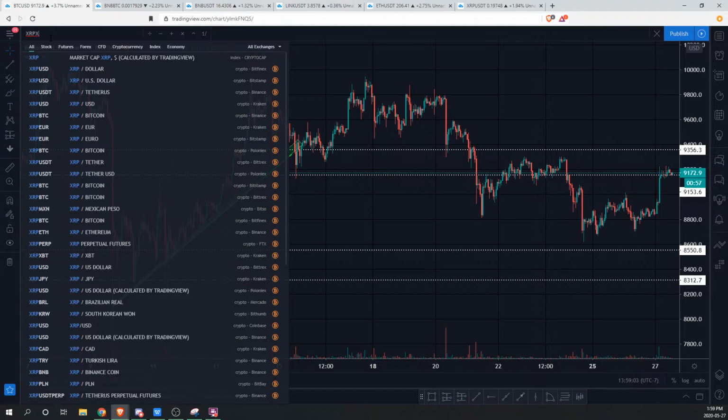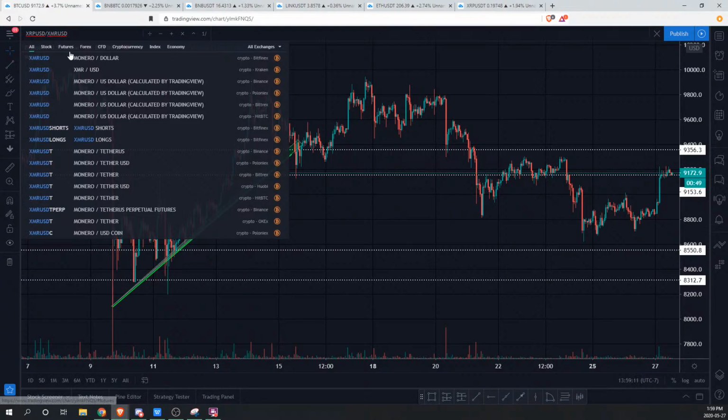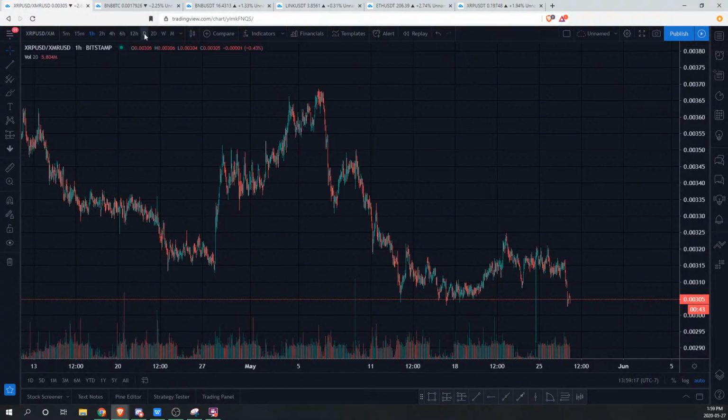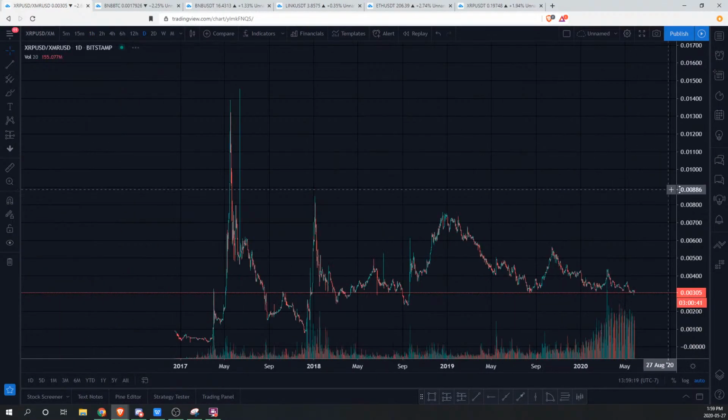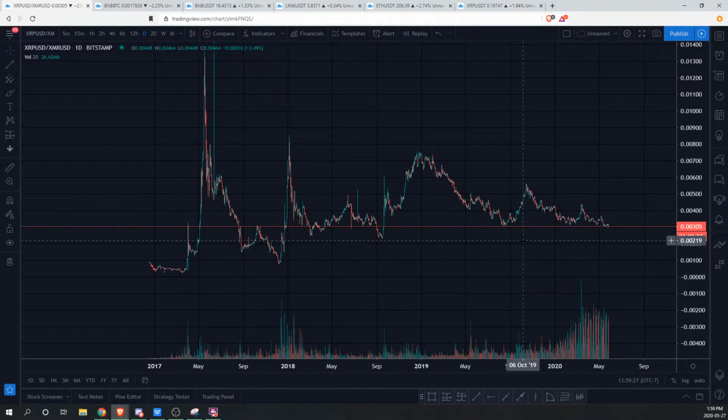Let's just do XMR. XRP USD, XMR USD, which is Monero. All right, so let's look at the long-term time frame here. Even Monero has been appreciating compared to XRP. Boom.